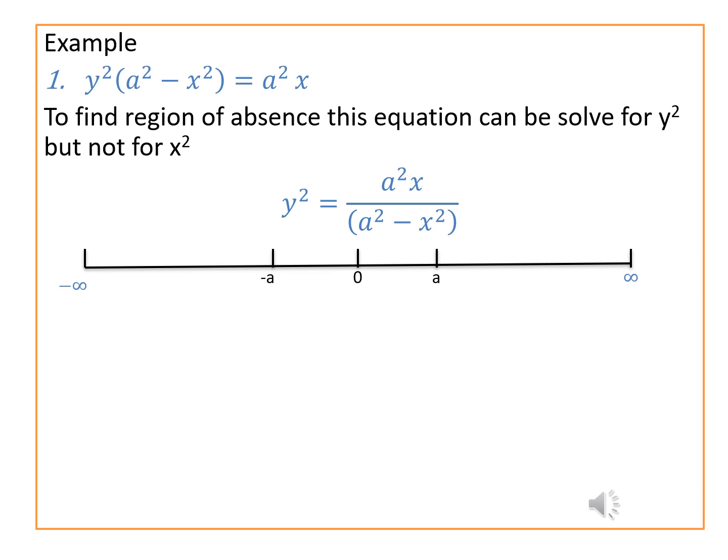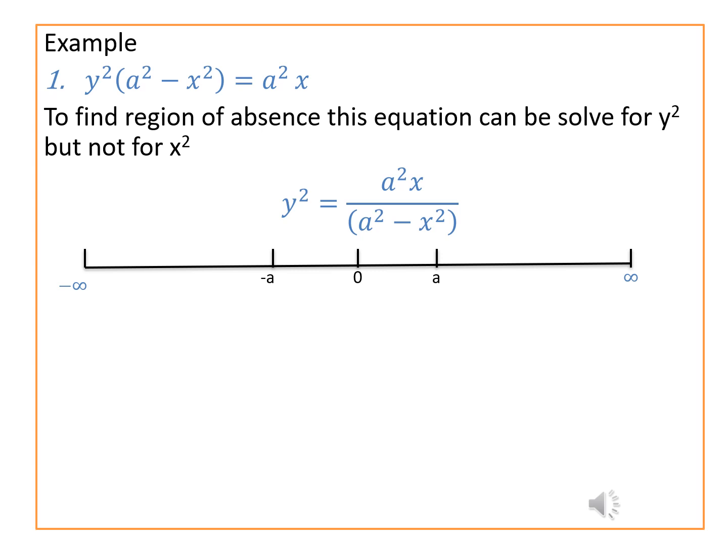So the total axis from minus infinity to plus infinity is now divided into 4 parts: minus infinity to minus a, minus a to 0, 0 to a, and a to infinity. Now we need to check in each part whether y square is positive or negative.